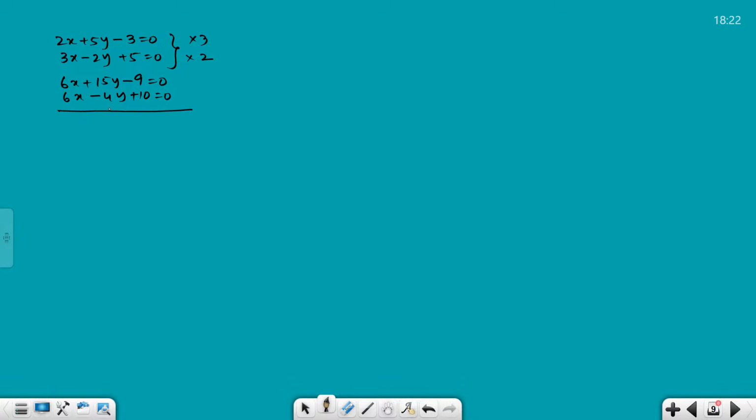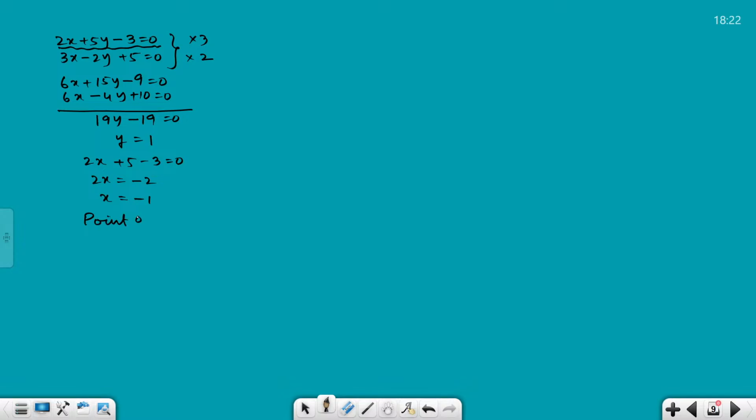You are going to have y equals to 1. And if you put y equals to 1 in any of the equations given, we are going to have the value of x. So 2x is coming to -2. So x is coming to -1.